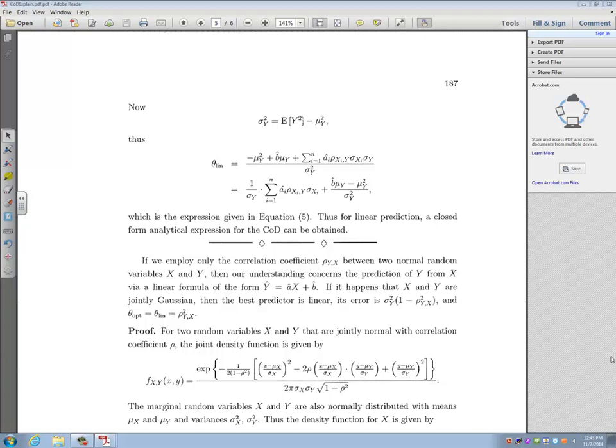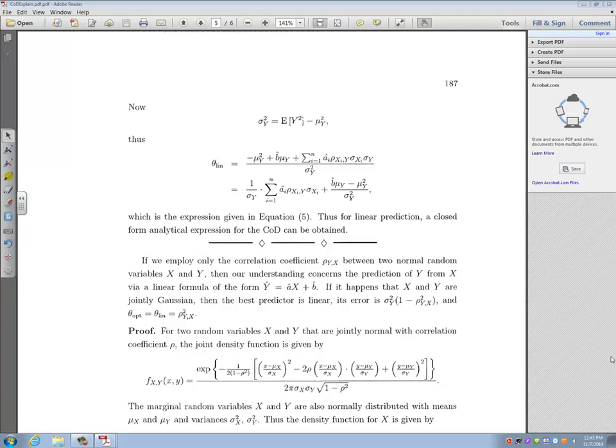Now, in this case, the marginal random variables x and y are also normally distributed, because if you integrate out over y, then you're going to get the marginal density for x. That is also normally distributed, and they have means mu x and mu y, and variances sigma square x and sigma square y.